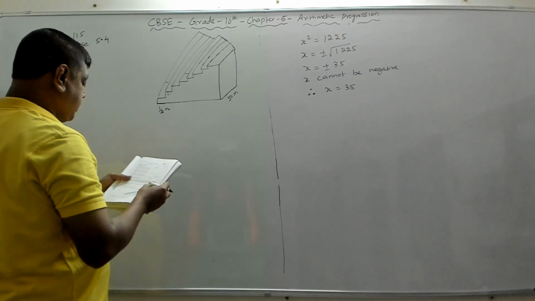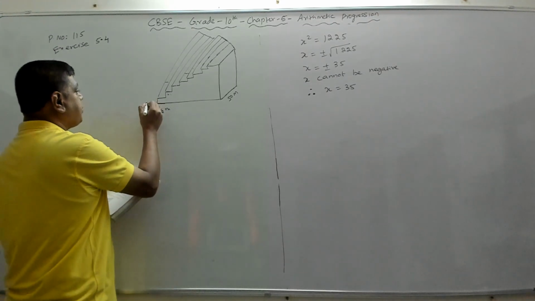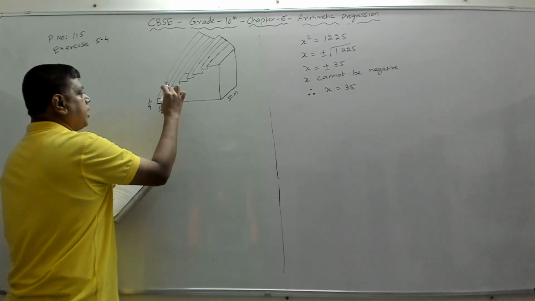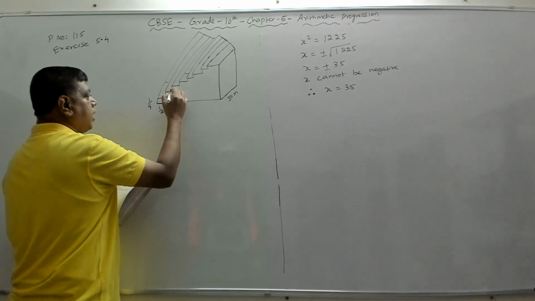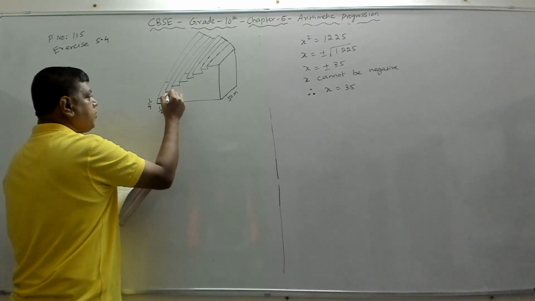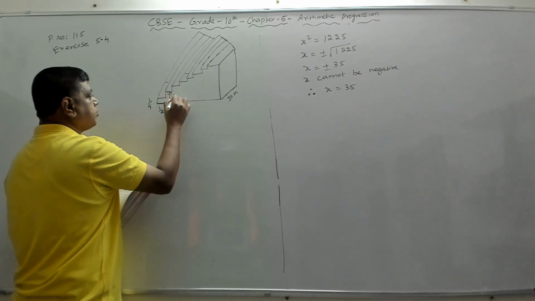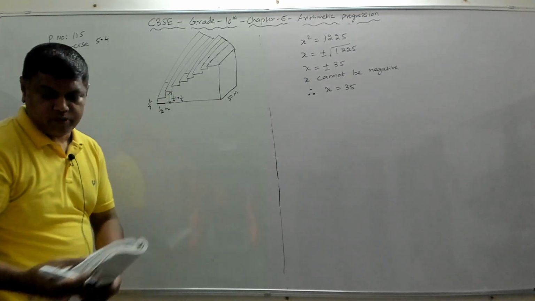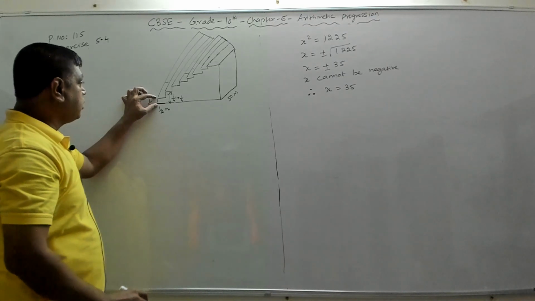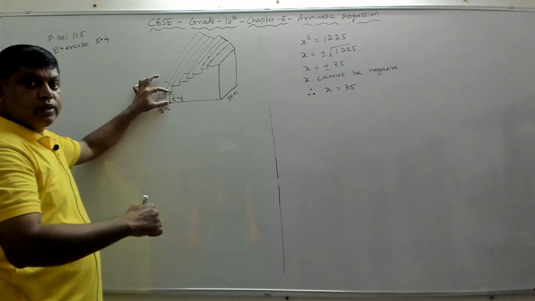And each step has a rise of 1 by 4 meter. So this step is 1 by 4 meter, and again this step will be risen by 1 by 4. So the total height here is 1 by 4 plus 1 by 4, because each step is rising by 1 by 4. So this is 1 by 4, and this is raised by another 1 by 4.